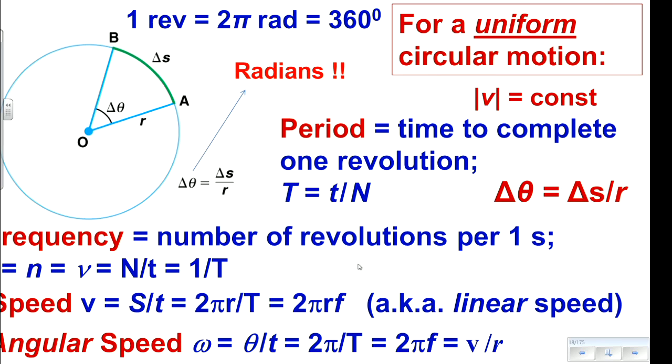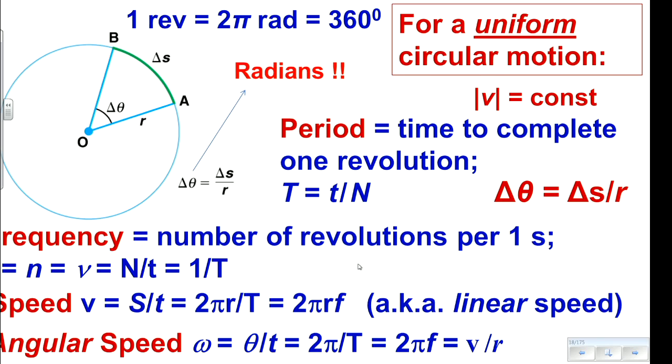Angular velocity is angle traveled per second. We should have called it average velocity, but normally for us it's going to be constant. So in one period, it makes exactly one revolution. However, now we're going to talk about units.